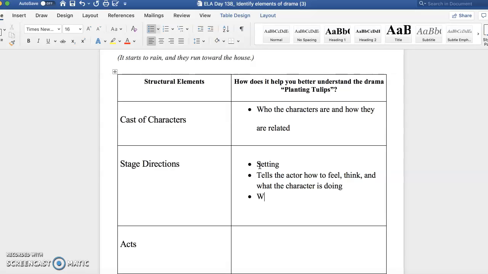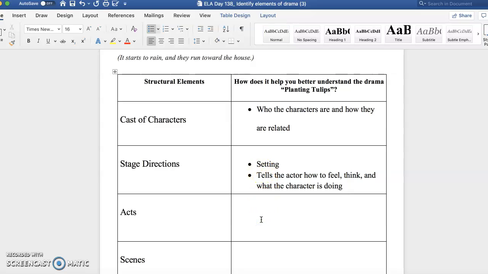It also tells us what is happening. Actually, I'm not going to say what is happening because that's pretty much the setting. The stage directions give us the setting. Where are they? How are the characters feeling? What are they doing? What are they thinking? And stage directions pretty much help the actors, okay?